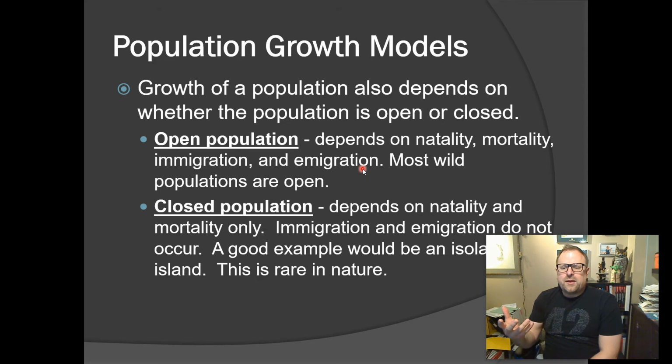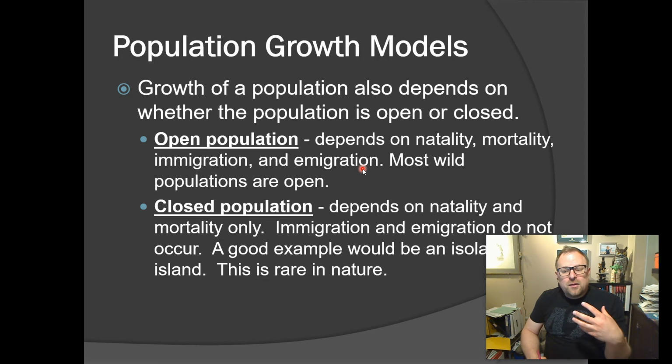The only thing that I would say is that not every wild population is open. There are some wild populations that we could kind of consider to be closed. Maybe the wild population of bison at Elk Island National Park might be considered a closed population because natural immigration and emigration doesn't occur.